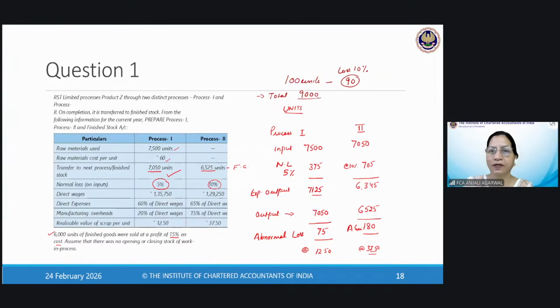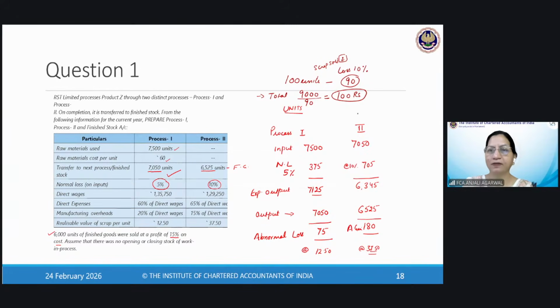So I am expecting that each unit will cost me 100 rupees, and scrap can be sold for, let's say, 2 rupees. So total cost was basically 9,020. Out of that, 20 rupees I could realize from scrap, and the cost of 90 units should have been 100 rupees.